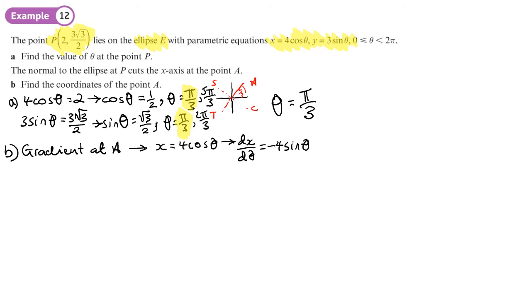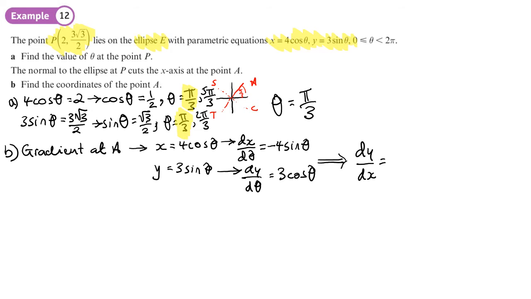and y equals 3 sine theta. So dy d theta is going to be 3 cos theta. So then dy dx is going to be dy d theta over dx d theta.